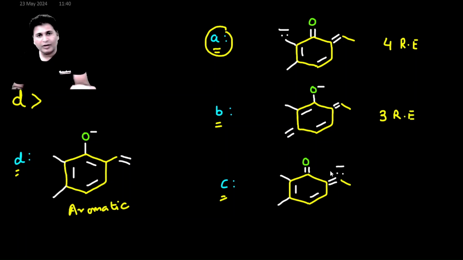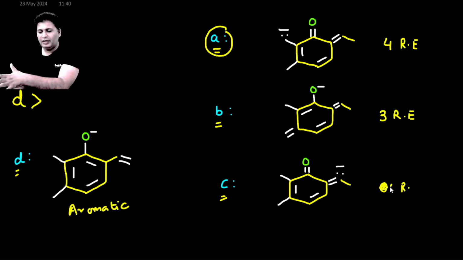And C, there were no resonating structures. When I am saying resonating structures, you should remember I am focused on delocalization of negative charge. So here there were 0 structures, I mean none other form. This is the only one.